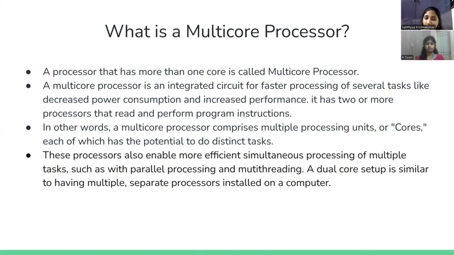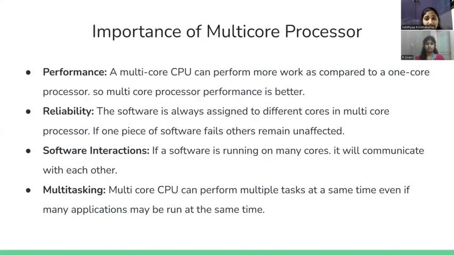What is the importance of multi-core processors? First, performance. With multiple cores working together, a multi-core CPU can process more data and complete tasks faster than a single core processor. This means users experience quicker application response times and better performance for intensive tasks, like gaming or video editing.